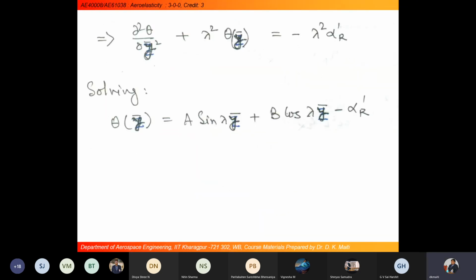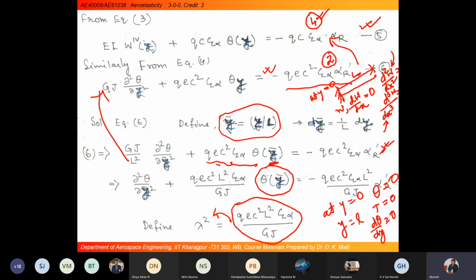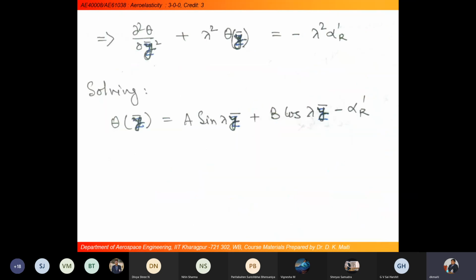If you look at the second equation, I take lambda square here, and this will also become lambda square. So if I write it here, d2 theta by dy bar whole square plus lambda square into theta of y bar equals minus lambda square alpha r prime.